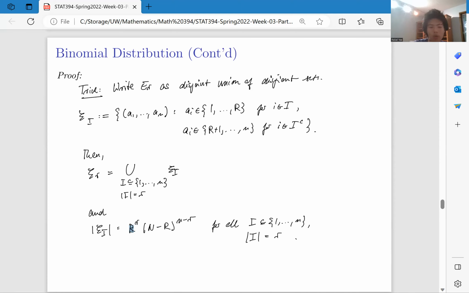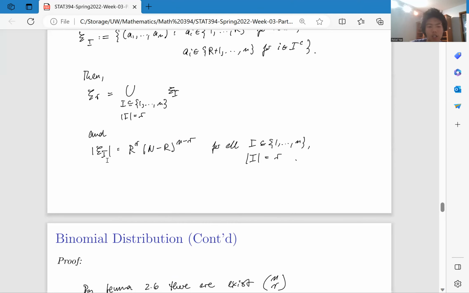That's why we say the small r times of the capital R exists, so capital R to the power of small r. With the same logic, the number of white balls we choose, which are not red balls, is N minus R to the power of small n minus r. We multiply them together by the principle of multiplication, and we get the cardinality of E_I equal to this.